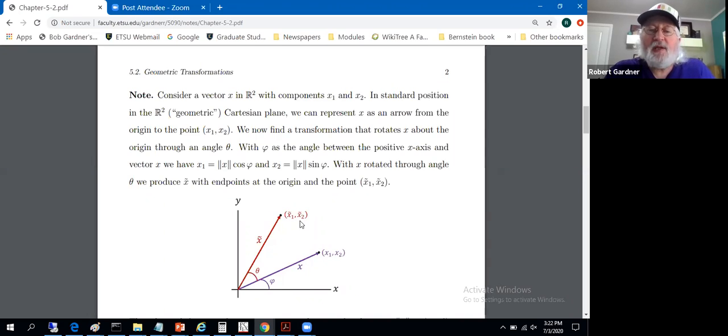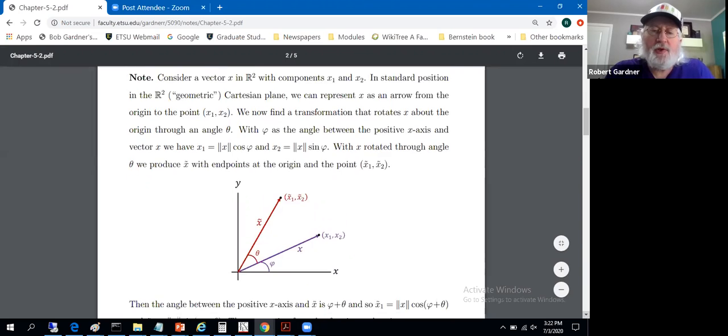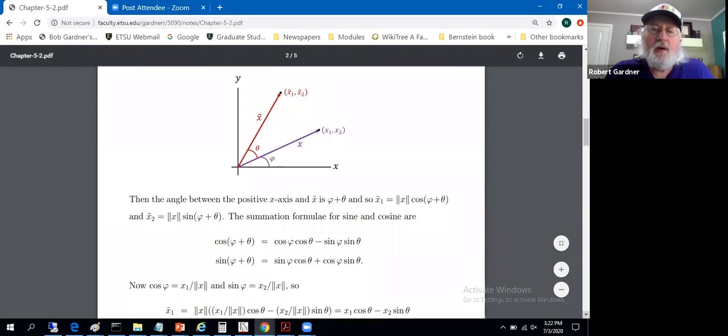Oh, and they're going to satisfy the same type of equations for the angle that x tilde makes with the x-axis, which is actually the sum of these two angles. Nothing wrong with my picture in terms of lacking generality. Phi could be negative, and we'll still have the same relationships in terms of adding angles that we're going to talk about. The angle between the positive x-axis and x tilde is phi plus theta, even if some of these angles are negative and so forth.